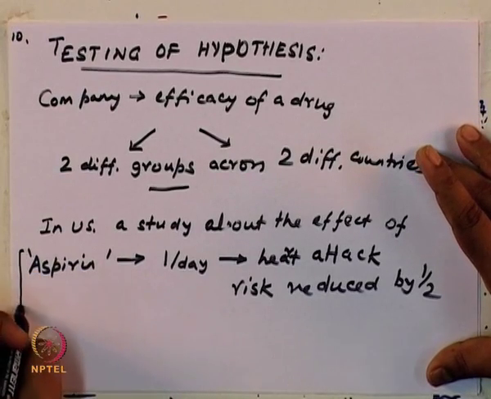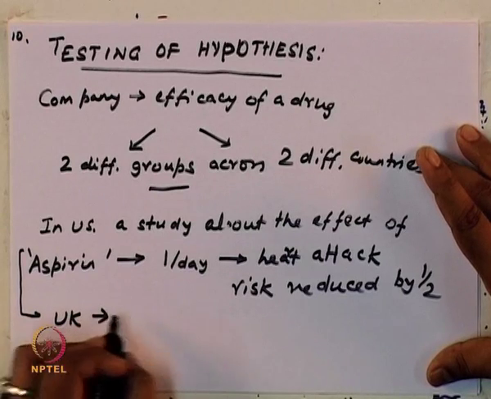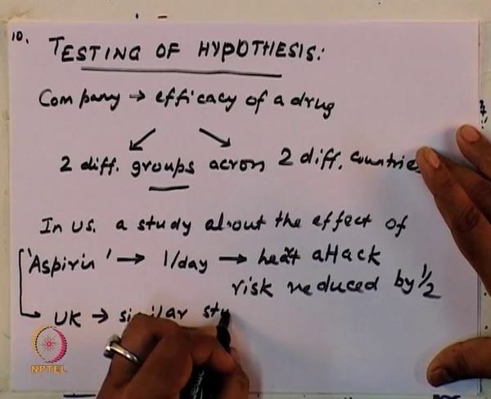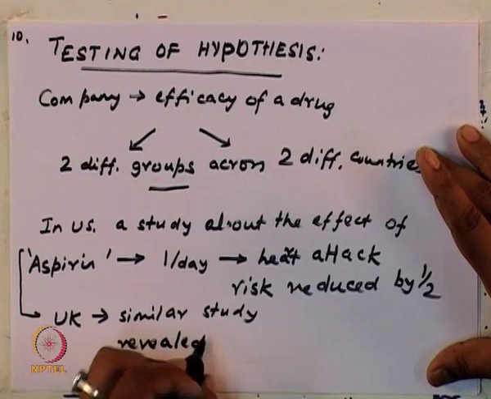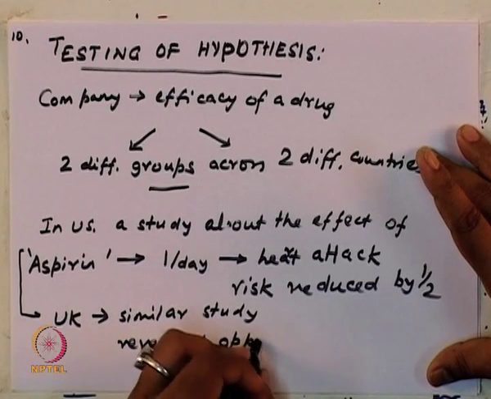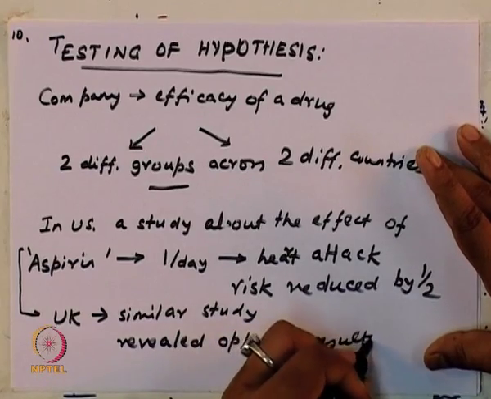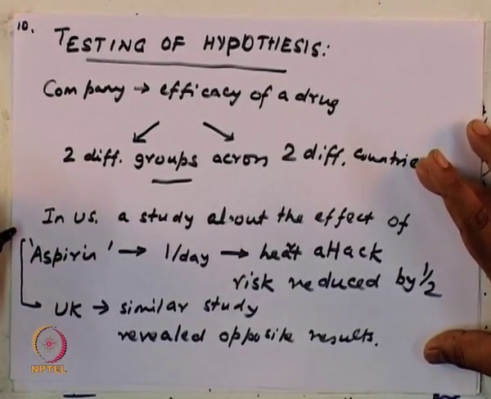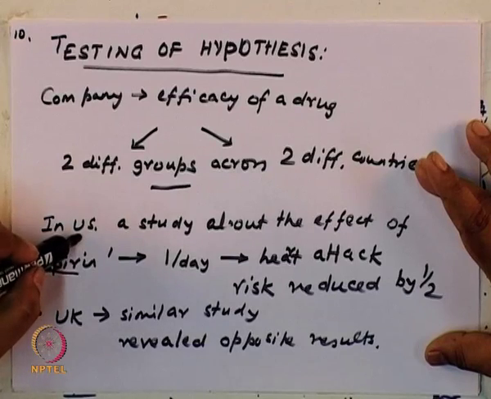Intriguingly, in a very short period after the study came out, in the UK a similar study revealed opposite results. This is very intriguing. How is it possible that the same drug is working in one country and not in the other?